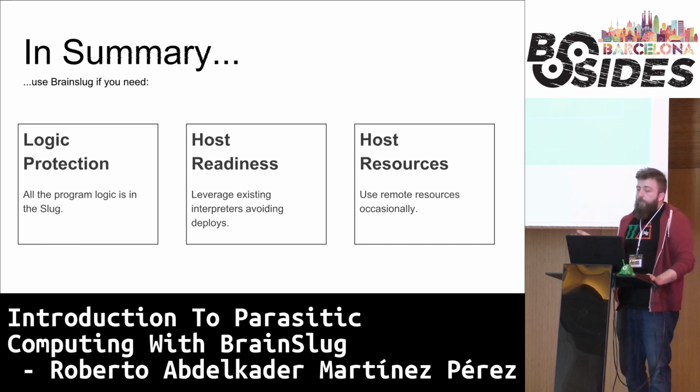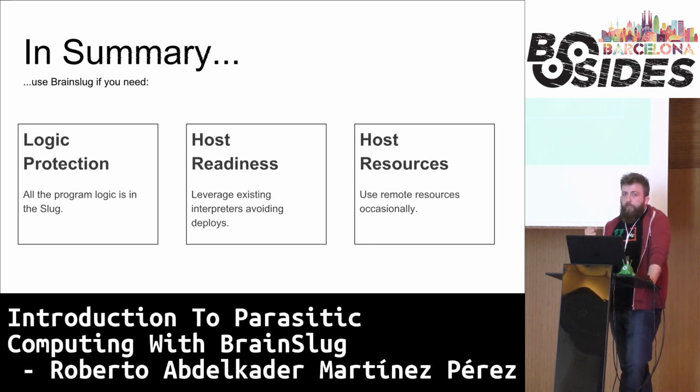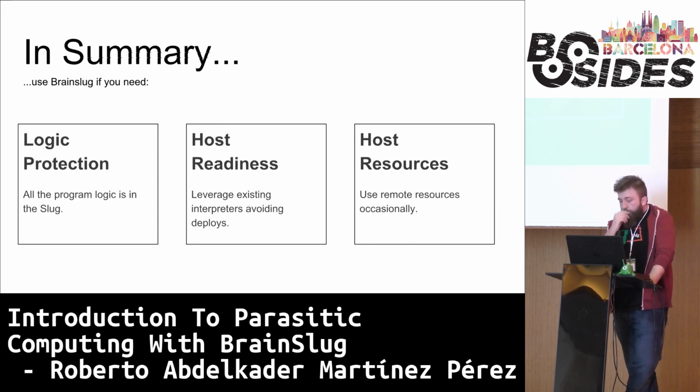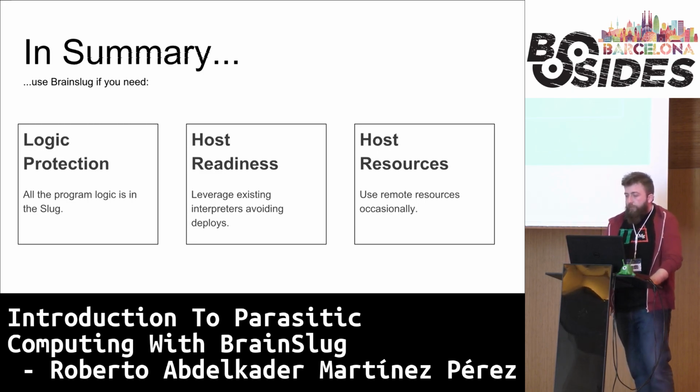Host readiness, if you want to execute some program without installing anything in the body, just using remote interpreters, no deploys. And finally, to access the host resources occasionally. This is not the best way to access the resources for everyday use, but occasionally it is a way.